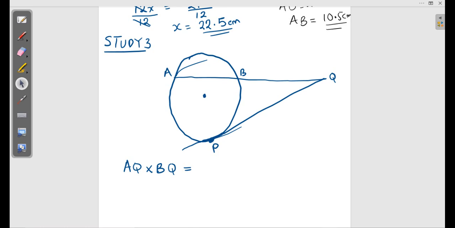So that becomes PQ times PQ. So AQ times BQ is equal to PQ squared.